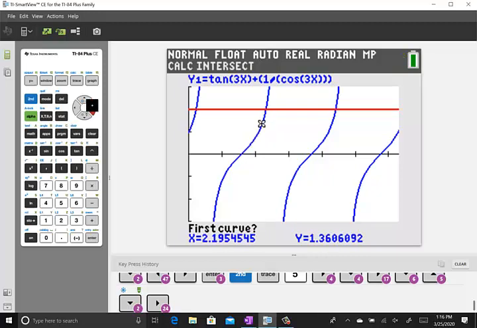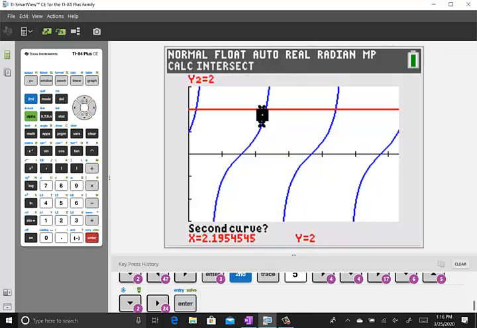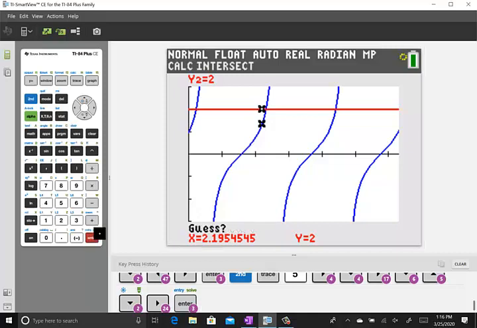All right, close enough. So go ahead and hit enter. And then see how your second curve, it's already on the red one. So you're good. Press enter twice. So enter, enter. And we have our second intersection of 2.3088955. Now we have to do our last intersection.